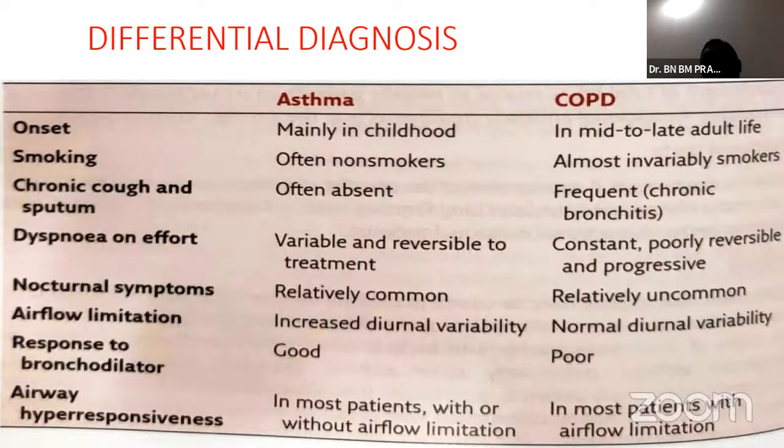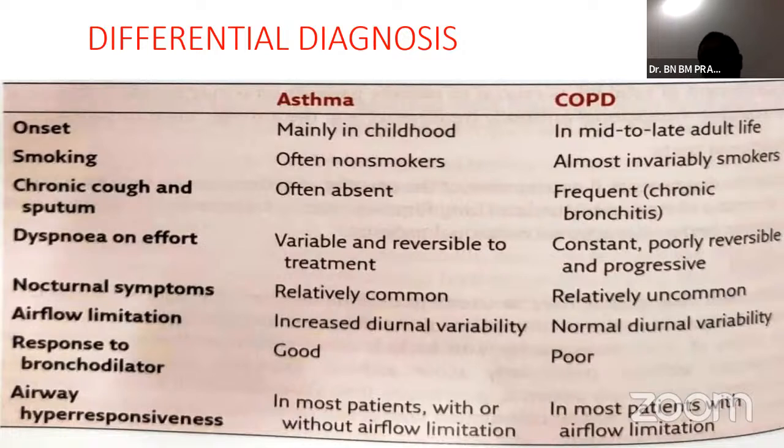If you give 2 puffs of salbutamol and do the peak expiratory flow after 15 minutes, or you do a spirometry and measure the FEV1, and you find an improvement in the FEV1 of more than 12%, and also the absolute value of FEV1 increases by more than 200 ml, that means there is a good bronchodilator response, and it's a reversible process.